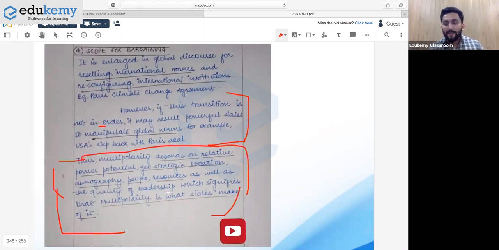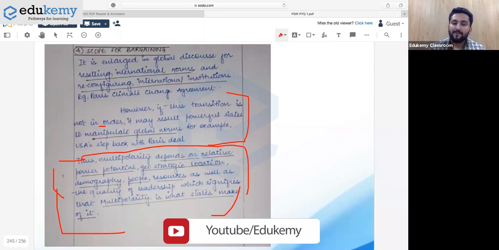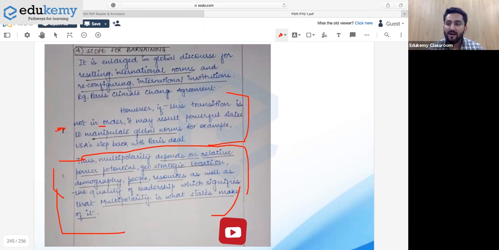Now, about what should be used when it comes to counter argument. One counter argument is that it is said that multipolar world order is like multiple hands on triggers. It means if there is a bipolar world order or a unipolar world order, it gives more sense of security, because at least we have this main power.